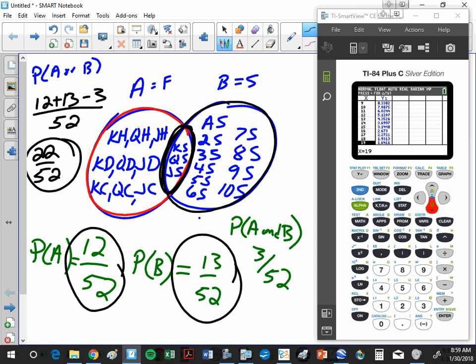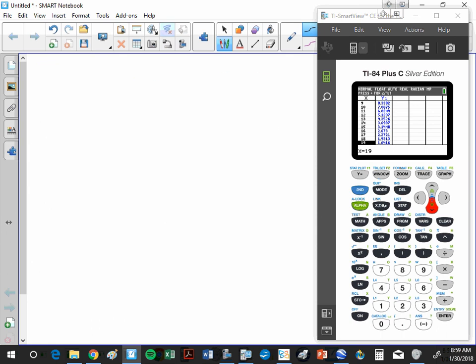All right. Example 3. Out of 200 students in a senior class, 113 are either varsity athletes or on the honor roll. There are 74 seniors who are varsity athletes and 51 seniors who are on the honor roll. What is the probability that a randomly selected senior is both a varsity athlete and on the honor roll?